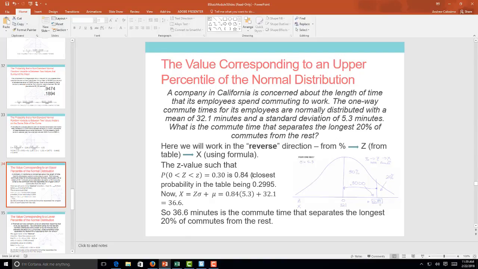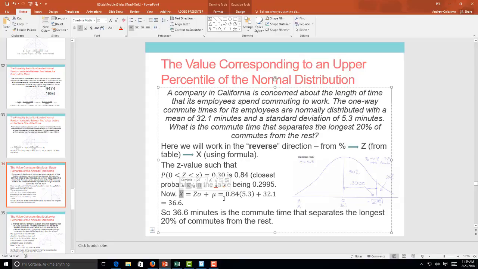Okay. So now we have a z-score. If you think about the formula that we had, where z is equal to the x value minus the mean, divided by the standard deviation, what we can do is reorder that to solve for the x.